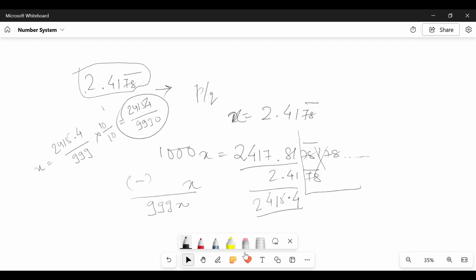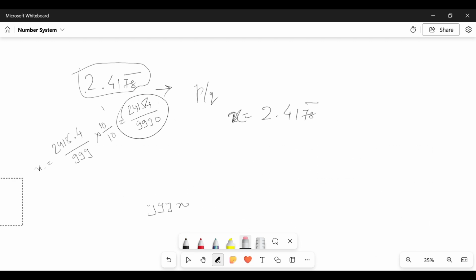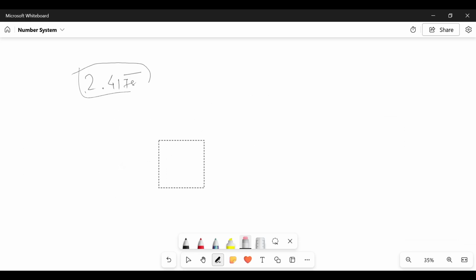So there would be a lot of such questions that we'll have to practice in order to ensure we are confident with this scenario. Now, as we understand what a rational number is and how it gets converted into a decimal number, let's try to understand what irrational numbers are.